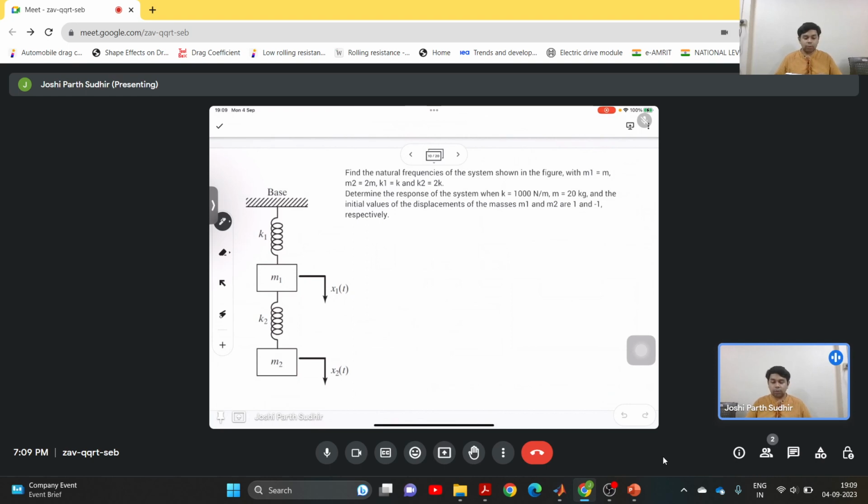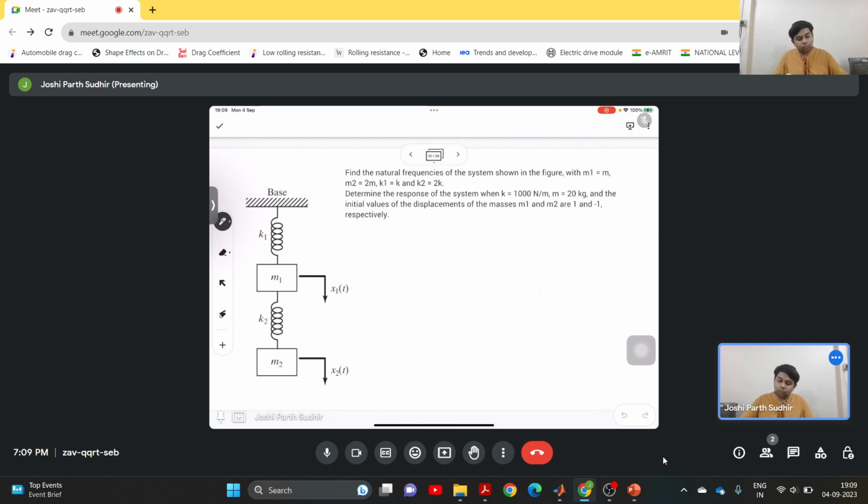We are also asked to determine the response of the system when K is 1000 Newton per meter and mass M is equal to 20 kg. The initial conditions for the displacements of the masses are also given. So we have to find out the response of the system.